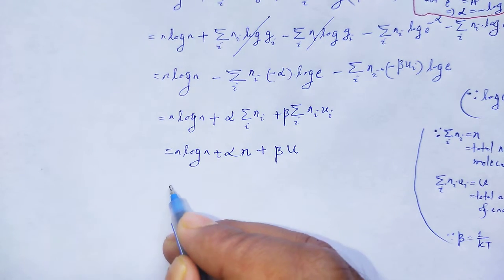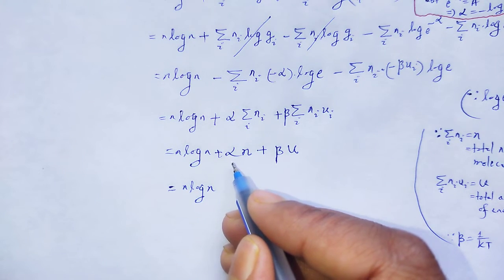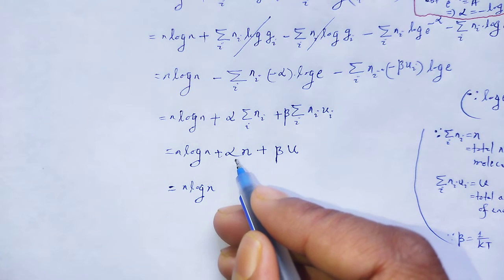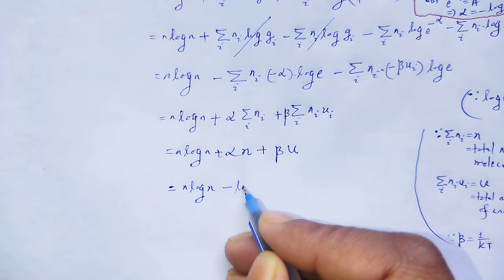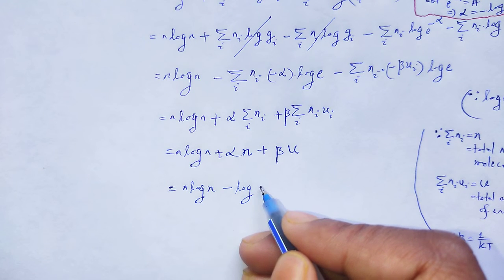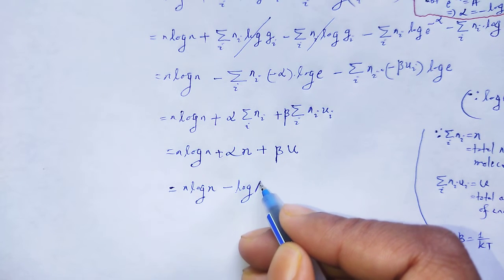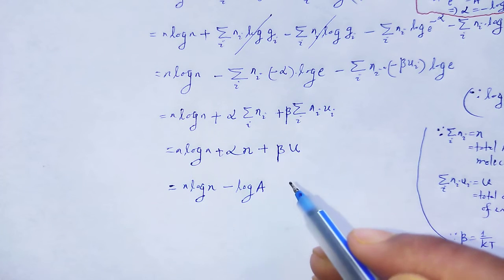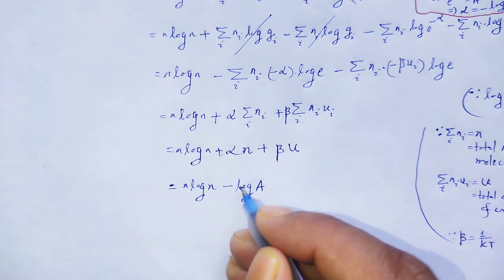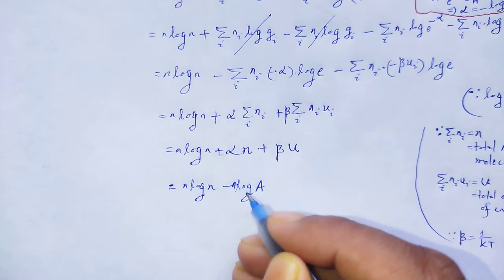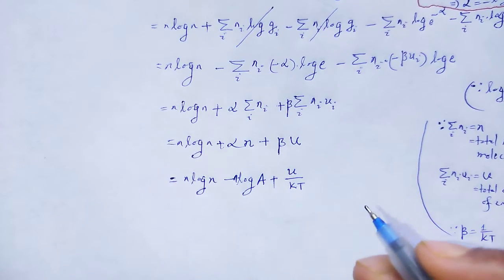In that expression we put n log n, alpha value as minus log A into n, that is minus n log A, plus beta is equal to 1 by kT, here U by kT.